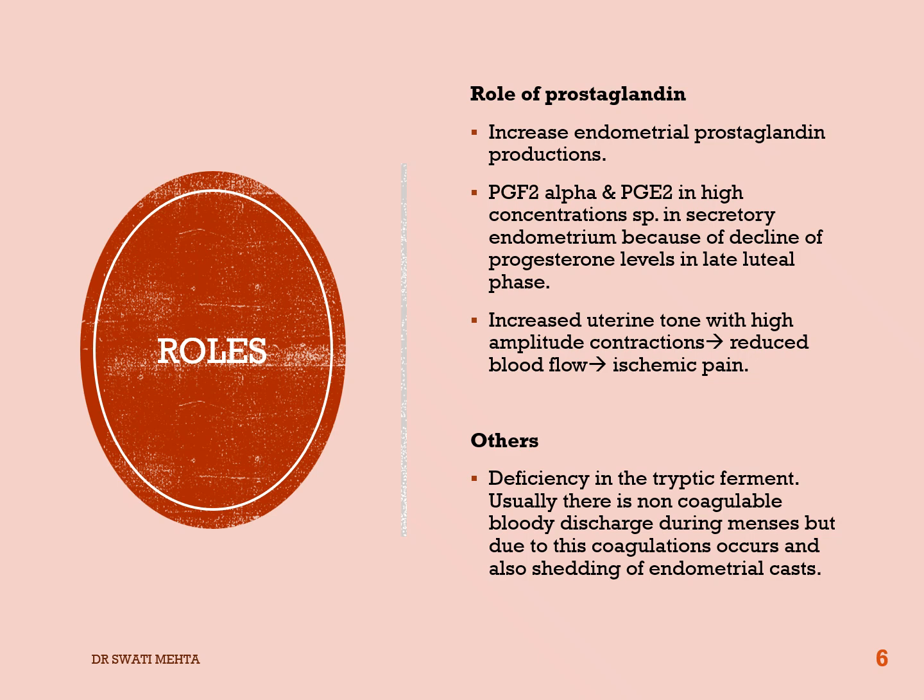The resulting ischemia is responsible for the characteristic cramping pain experienced during menstruation. In some women, deficiency of enzymes that prevent clot formation leads to coagulation and shredding of the endometrial cast, further aggravating the pain.